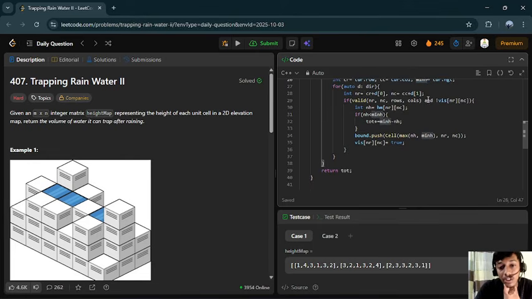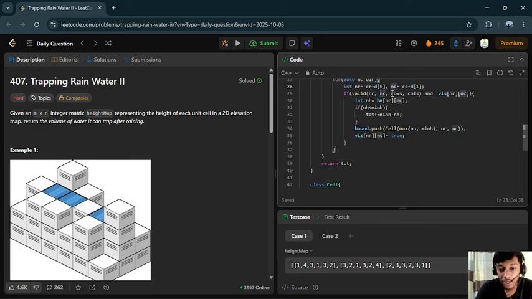For all the directions we are going to check the neighboring row and the neighboring column. The upper, the lower, the right, and the left cells are the neighboring cells.